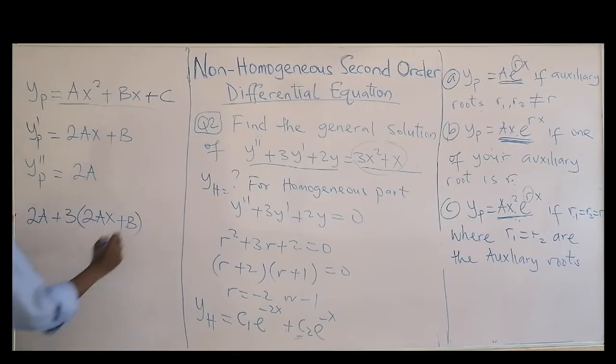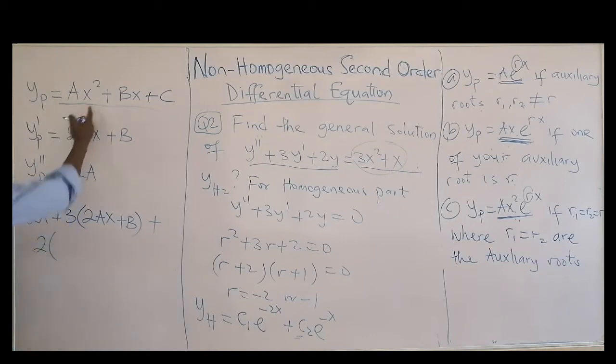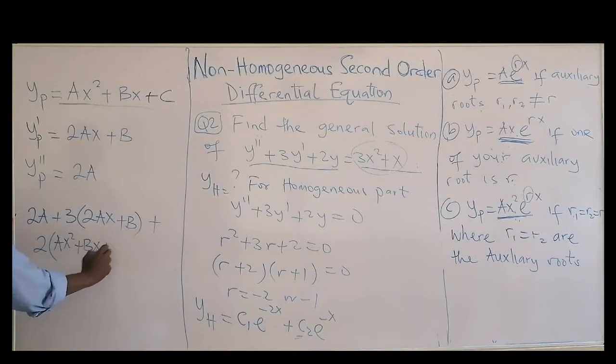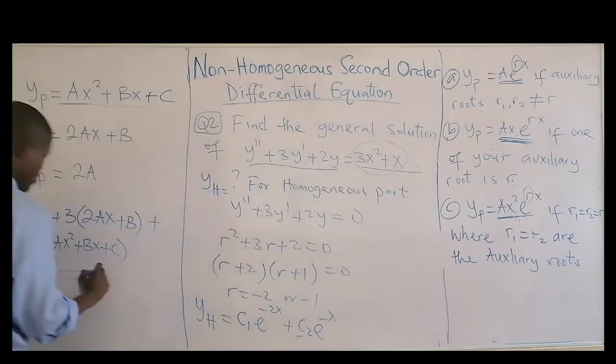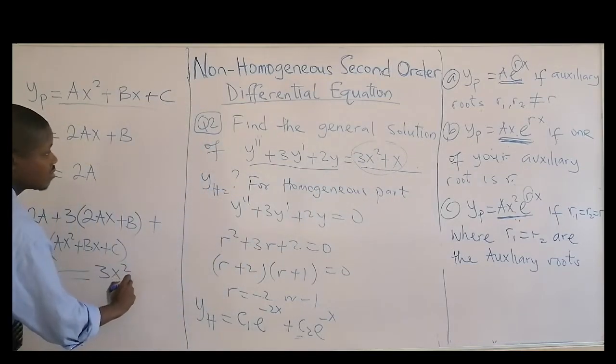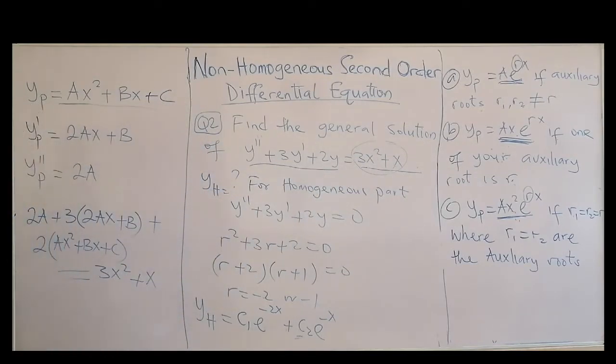Then plus 2 times y. And my y is what? Ax squared plus bx plus c, equal to f of x, that is 3x squared plus x.